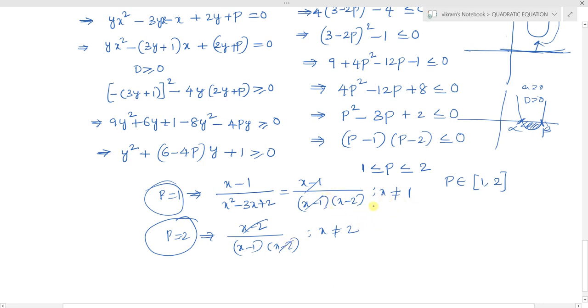The expression is defined only when x is not equal to 1 and x is not equal to 2. So the equality is removed.